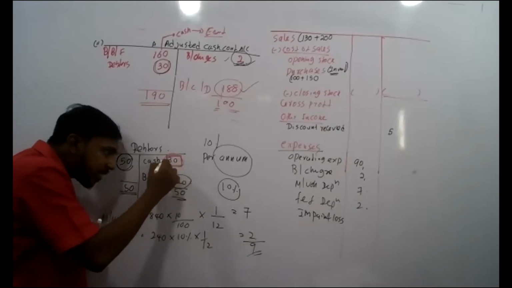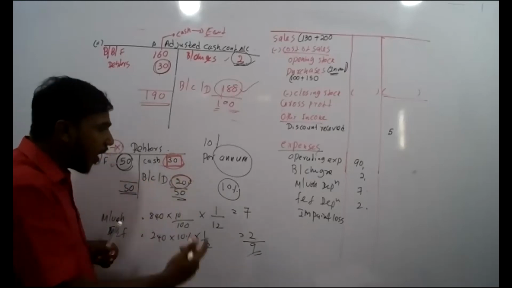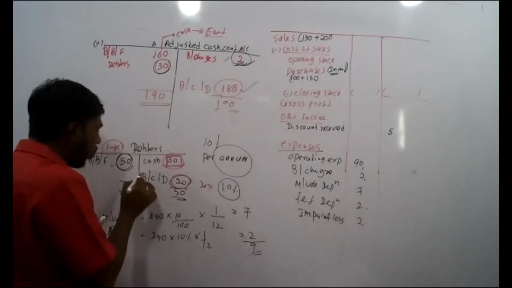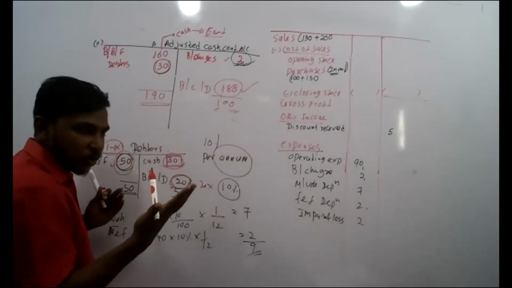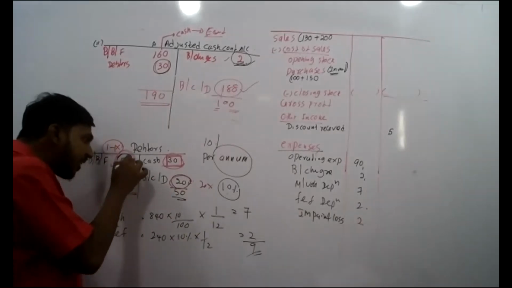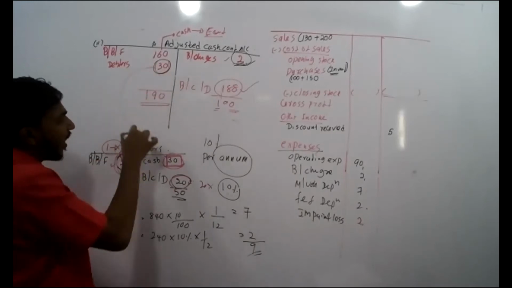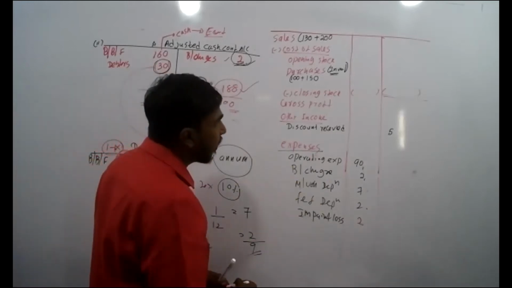Once you adjusted the additional information, the exact debtors balance is 20. So 20 into 10% is 2. Some of the students calculated 50 into 10%. It's wrong because 50 is not the debtors balance; 50 is from 1 to 9. There was a direct remittance. Subtract 30, then 20, and 10% is 2.